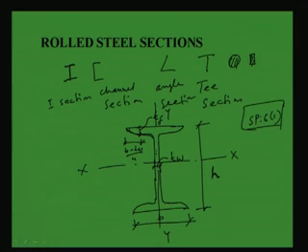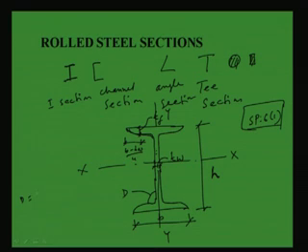So, at (b minus Tw) by 4, where b is the width of the flange and Tw is the thickness of the web, at a distance of (b minus Tw) by 4 from the end of the flange, whatever thickness comes is called Tf, thickness of flange. And this is the slope of flange, termed as D.